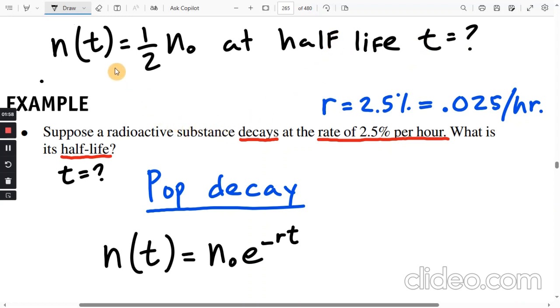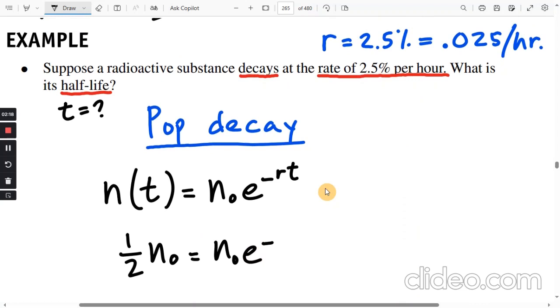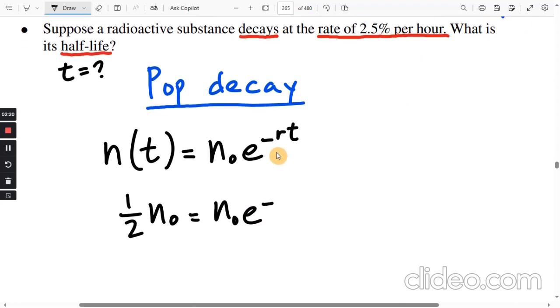So we're going to plug in 1/2 n sub 0 in place of N of t, and that equals the original amount, n sub 0 times e to the negative r, which is 0.025 in place of r, times t, which we don't know.